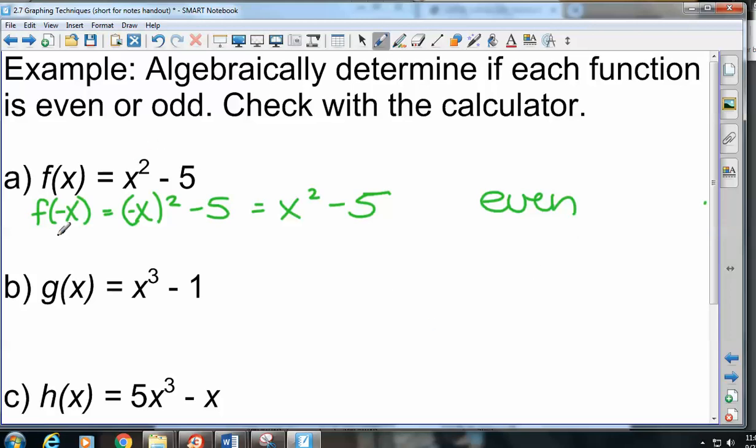Okay, you can graph this thing on your graphing calculator. Go to your y equals, type in x squared minus 5, and look at the graph.